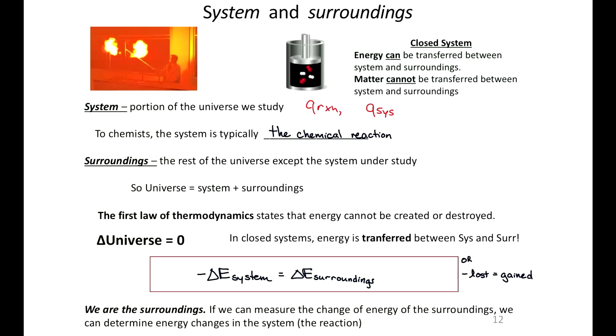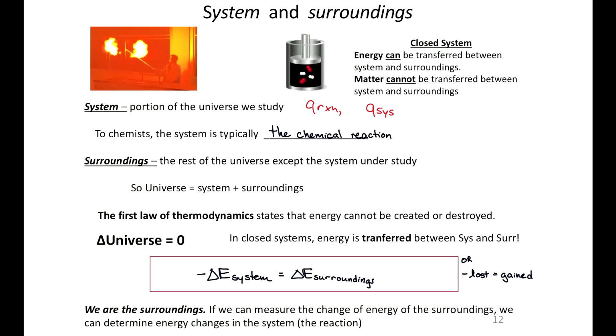So when we define what our universe is, we have our reaction, our thing of interest, but then we have everything else in the universe. So we define that as the surroundings. It's the rest of the universe except the system that's under study. And so that's how we encompass the entire universe. We have our system, the thing we care about, and everything else. That is the surroundings, all right?